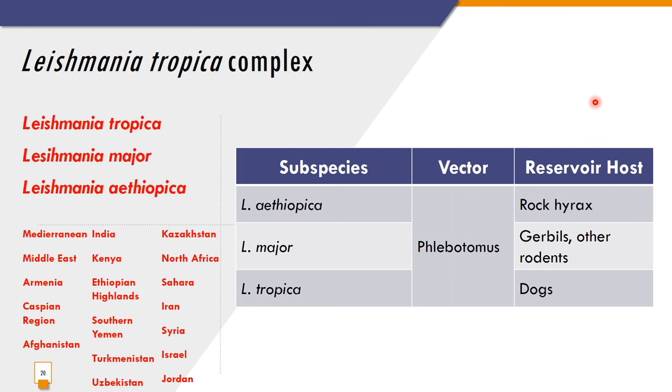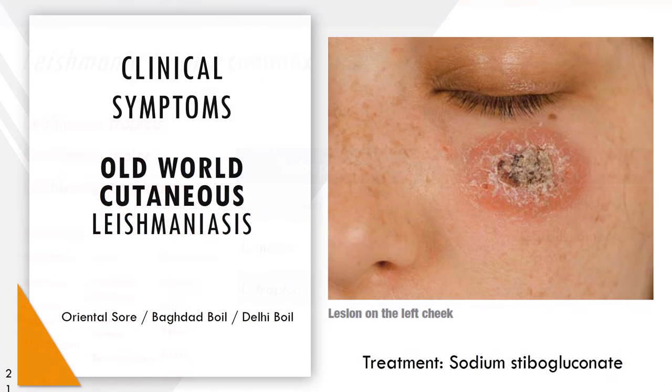Again, we only have one vector for this complex. So the three members of the complex have the vector Phlebotomus. Old World cutaneous leishmaniasis is also known as Old World leishmaniasis or Oriental sore or Baghdad or Delhi boil.